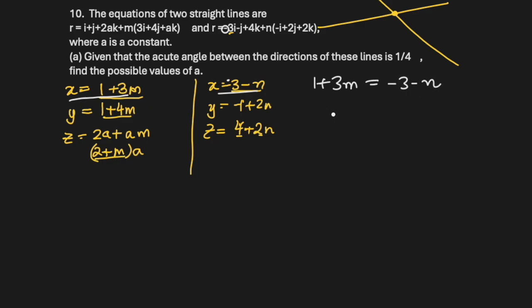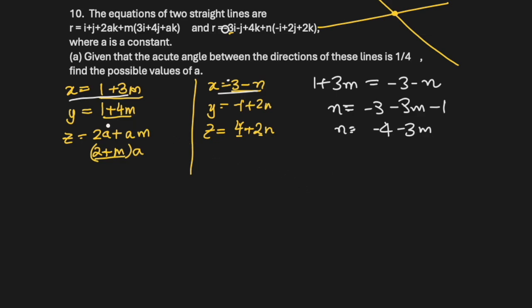So let me bring n to the left side so that it becomes positive, and everything else here. So minus 3, which is already here, minus 3m and minus 1. So n comes out to be minus 4 minus 3m.